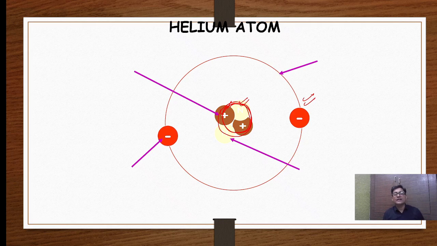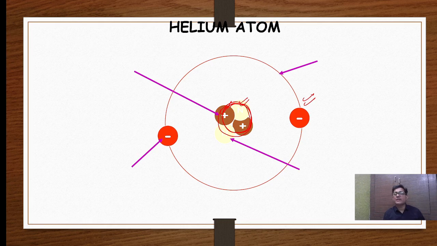Bohr modified that in an atom there are many, or unlimited, imaginary orbits, but the electron moves only in those orbits which have discrete or quantized energy.